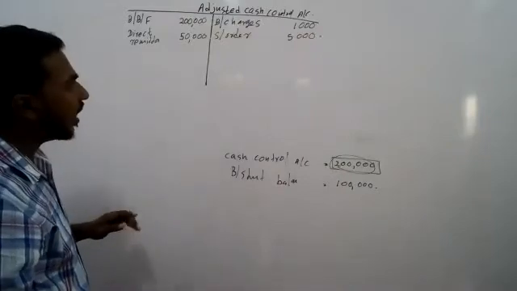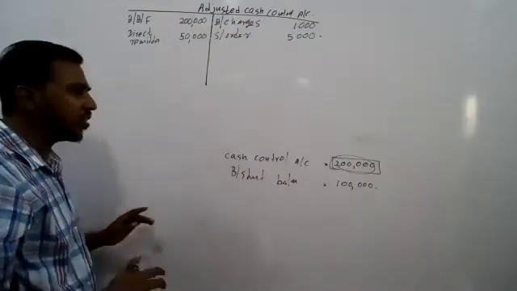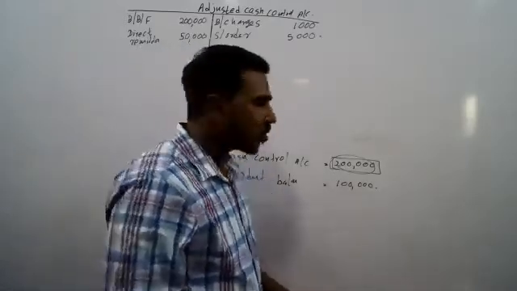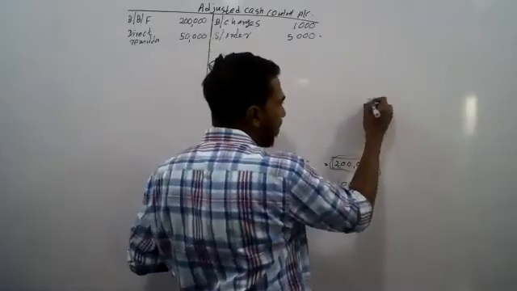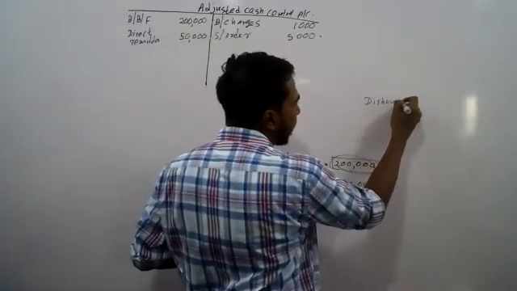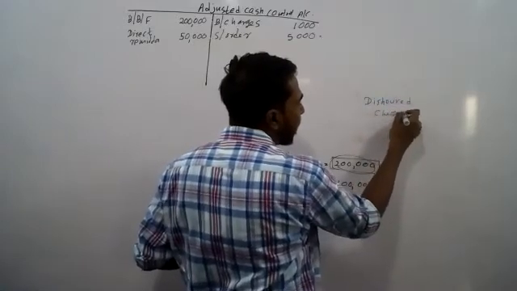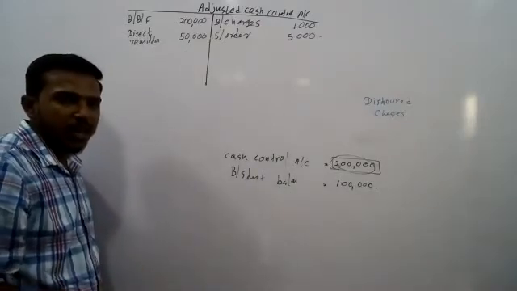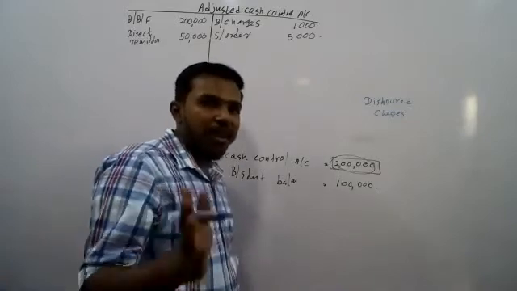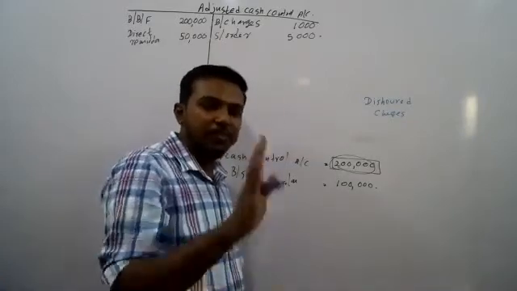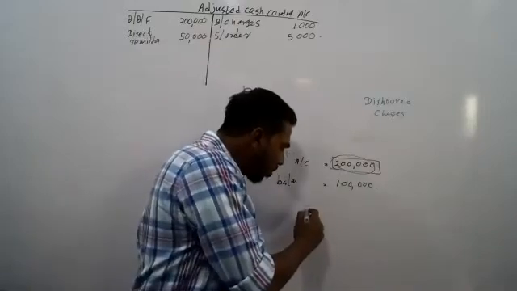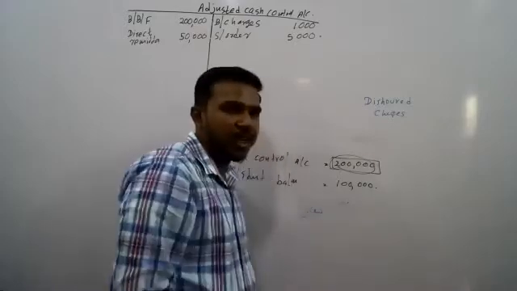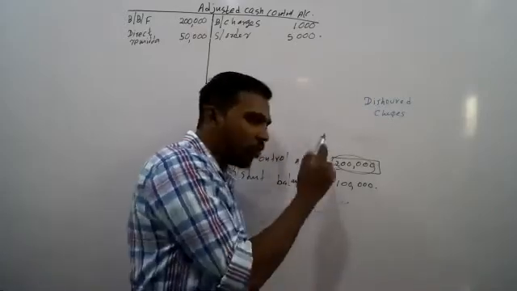Then there is something called a dishonored check. In the paper class we'll get some questions on dishonored checks, but for now, for the theoretical aspect: dishonored means you send the check to the bank, but the bank rejects it. They don't accept the check. You are supposed to put your signature, but your grandpapa or your elder brother might have signed the check.